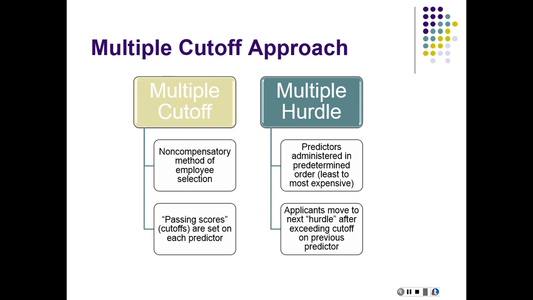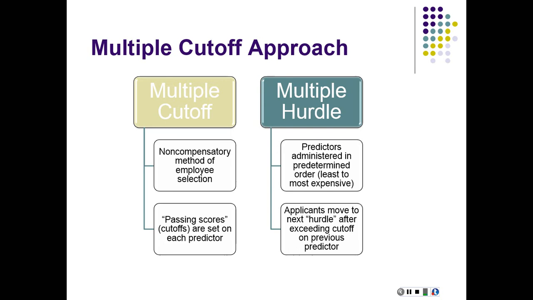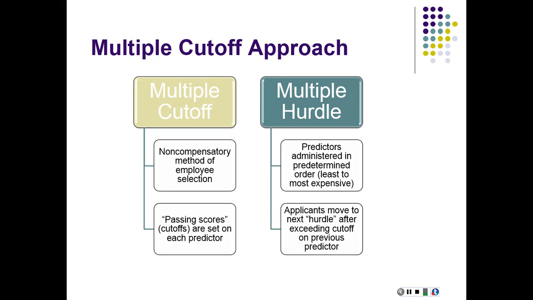Both of these methods allow us to have a predetermined cutoff point that the organization determines. Like the organization might have an initial cutoff of you need to have a bachelor's degree in psychology or other social science, in order to even make it past the first hurdle.